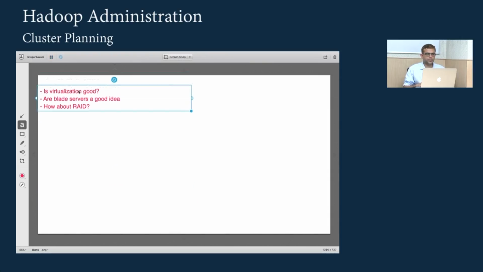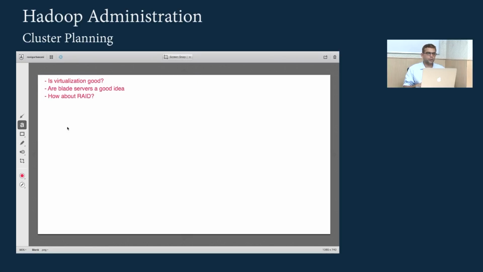So the first question is, is virtualization a good idea? Well, it's recommended that you don't use virtualization. The reason being, in virtualization, data locality is not really guaranteed. Your hard disk may be on a different machine and your operating system may be running on a different machine. That will incur a penalty. Second thing is, in virtualization, the underlying hardware is completely abstracted.